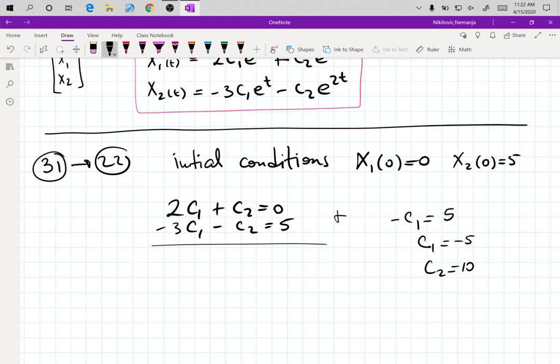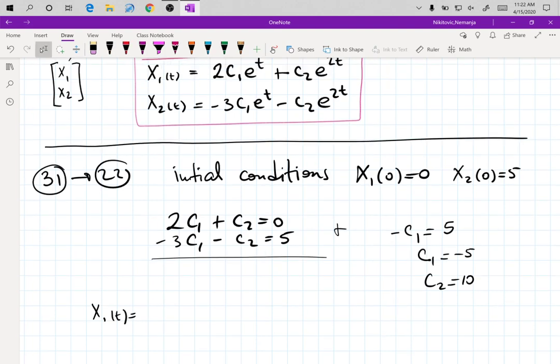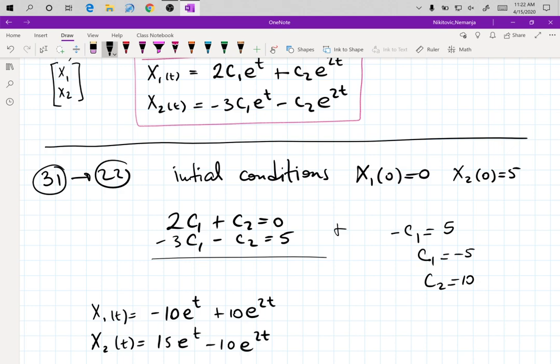Okay, good. So now you will have x1 of t to be 2c1, that's negative 10 e to the t, plus c2 is 10, so plus 10 e to the 2t, and x2 of t will be negative 3c1, that's negative 3 times negative 5, so positive 15 e to the t, minus 10 e to the 2t.